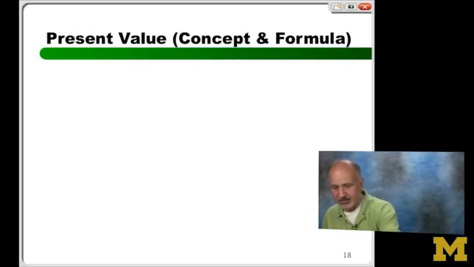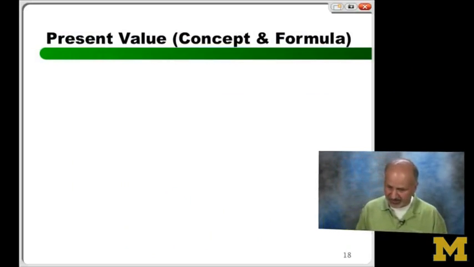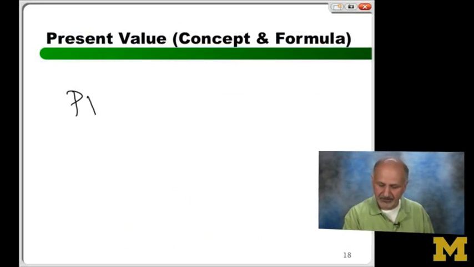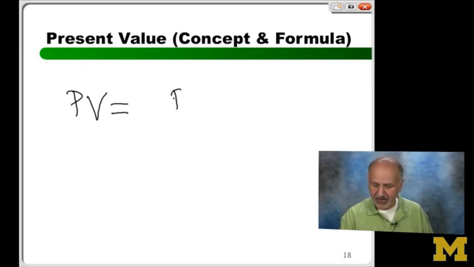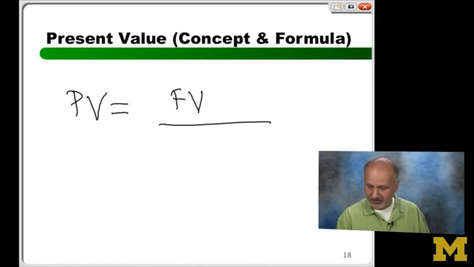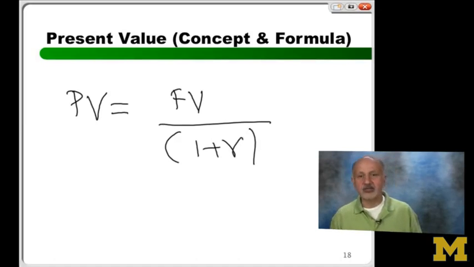But anyway, just wanted to give you a flavor of what's going on, and now I'm going to do what I promised you, which is to tell you the concept formula together. So let's do it. What's the formula of present value? The present value formula turns out to be the future value, in our case 121, divided by 1 plus r raised to the power what?